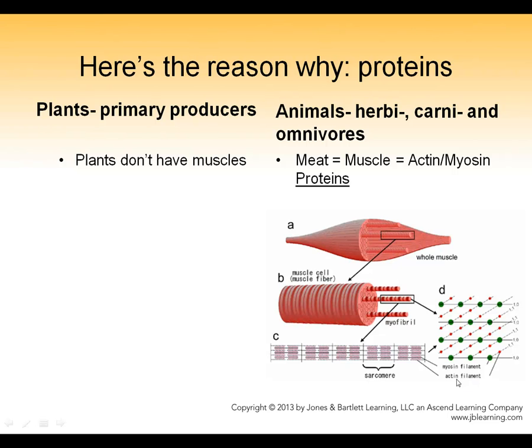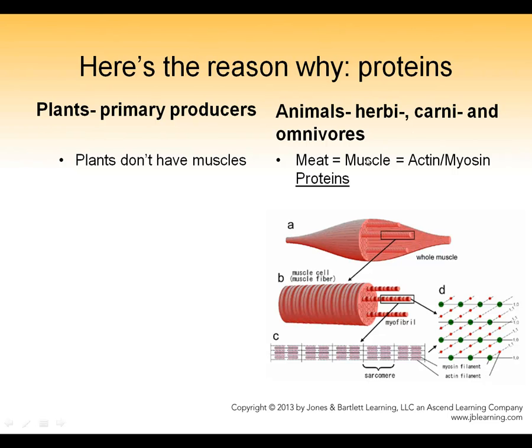So going backwards, if the fibers are chains of nothing but protein, and most of the bulk of the muscle cells is composed of these fibers, and muscle is composed of muscle cells, when you bite into muscle meat, you are mainly eating actin and myosin.